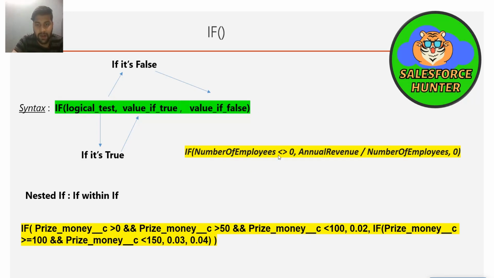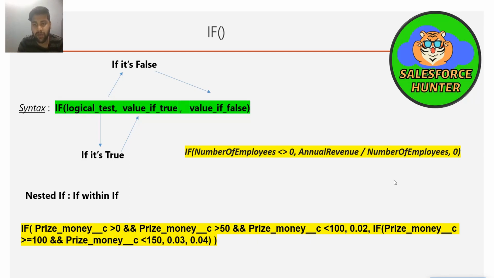We have also used this example in the previous video, but let's understand it. What is this example saying? If number of employees is not equal to 0 and it is true, then it will execute this statement. If number of employees is 0, then it will go here. What this formula is doing is calculating the revenue per employee.